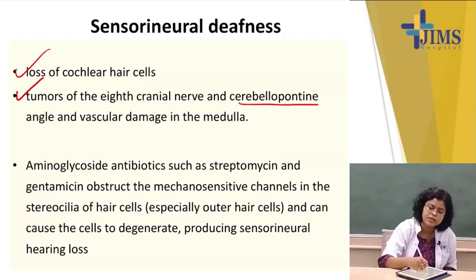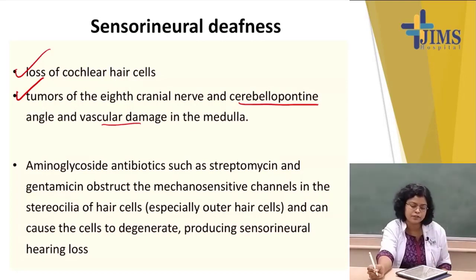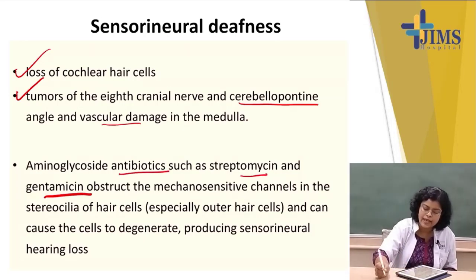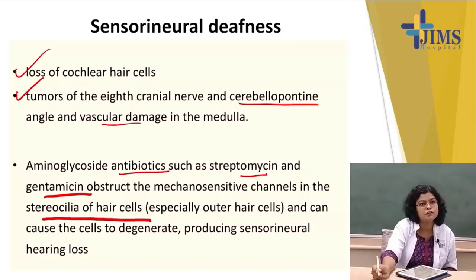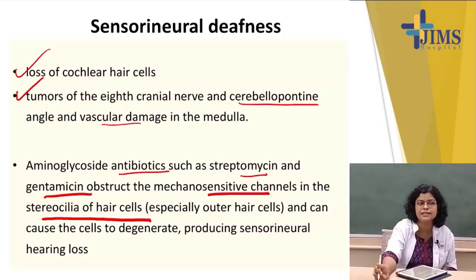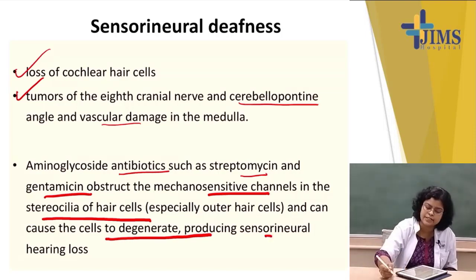Then there may be vascular damage in the medulla, which lies in the hearing pathway. Then some antibiotics like streptomycin and gentamicin damage the stereocilia of the hair cell, the mechanosensitive channels at the tip links, and that causes the hair cells to degenerate, producing sensory neural deafness.